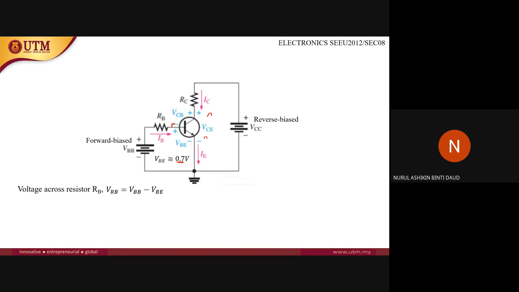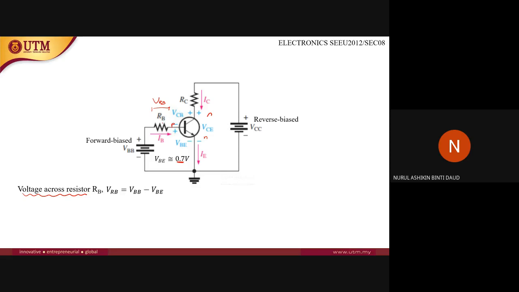Okay, so to find the voltage across resistor RB, so it means VRB, be careful with the sentence too. In your test also, when they say voltage across any resistor, it means the voltage at the resistor.